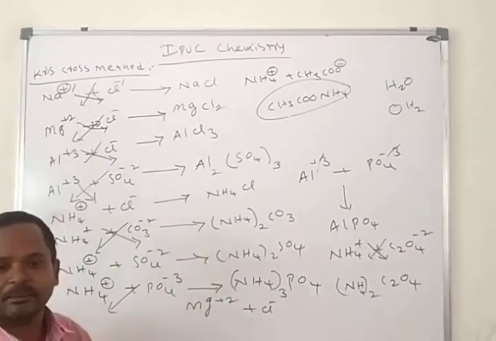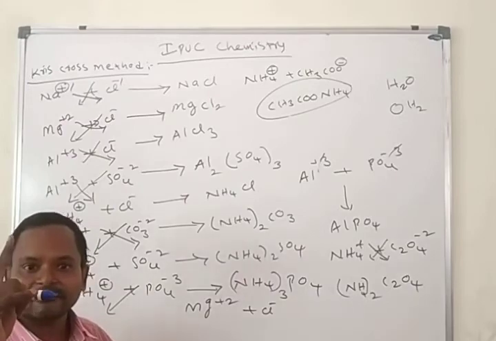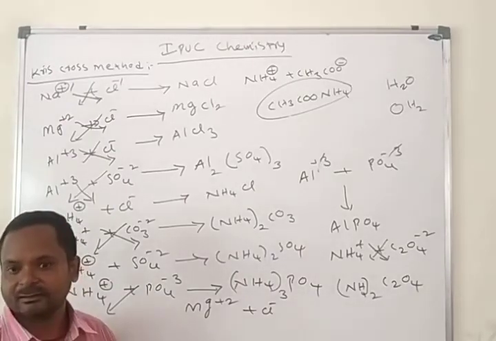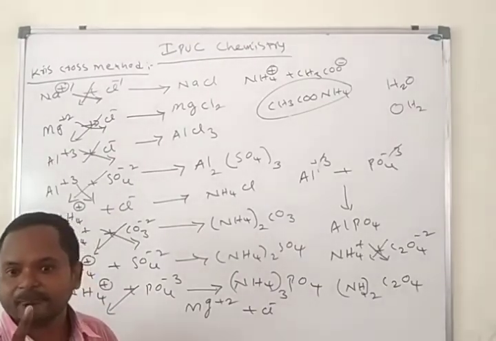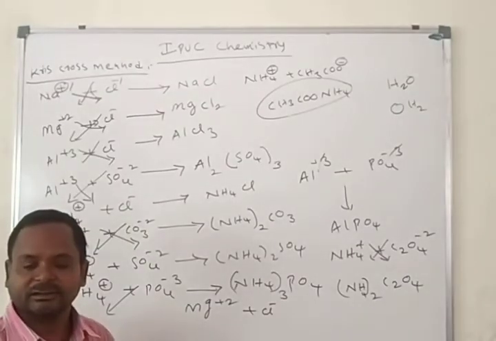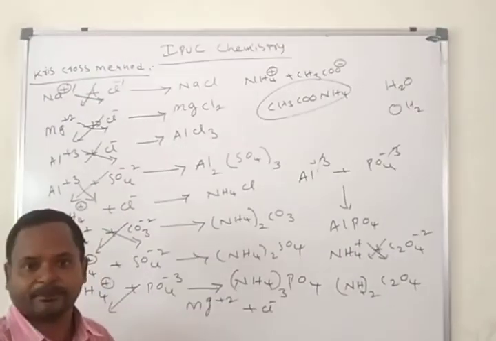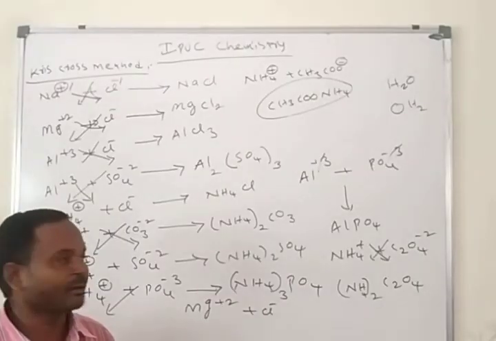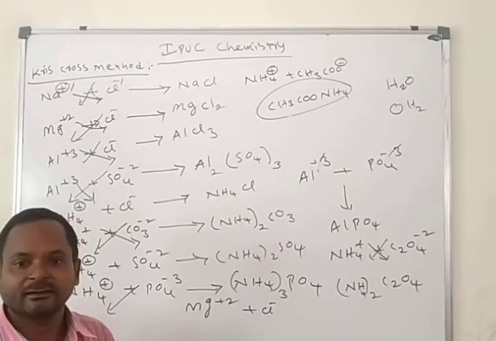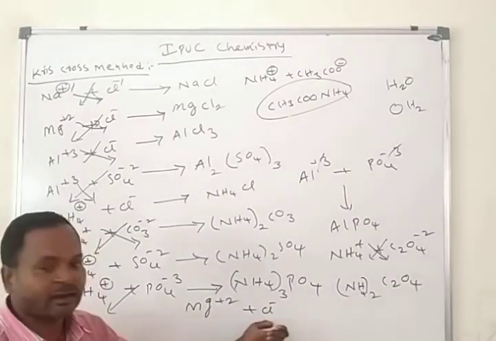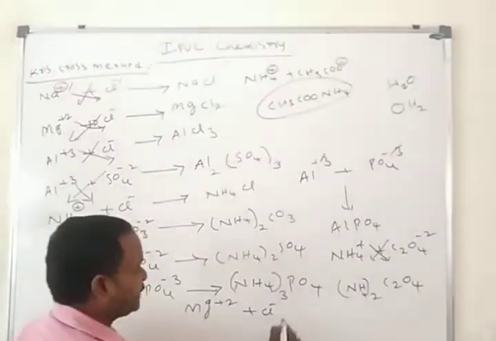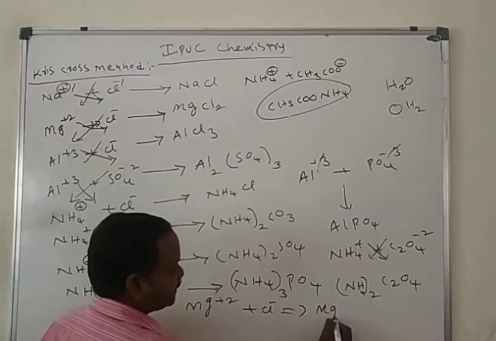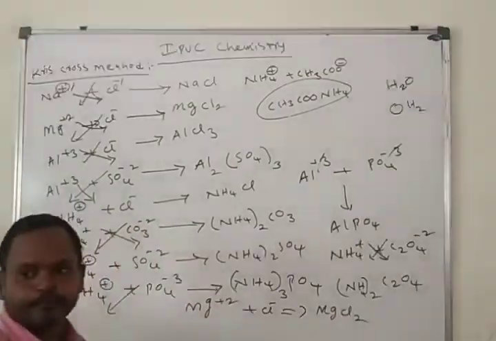Cl minus means chlorine gains only 1 electron. Sodium always loses only 1 electron. That means it should always be sodium plus. We don't have sodium plus 2. Okay, don't behave as a scientist. Here Mg plus 2, Cl minus. What is the formula? MgCl2.